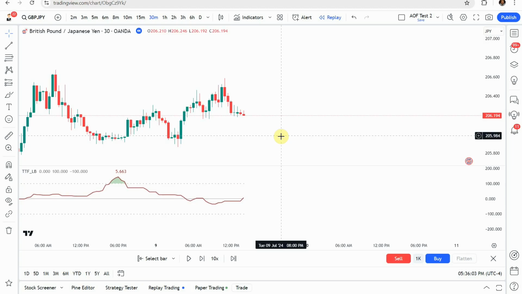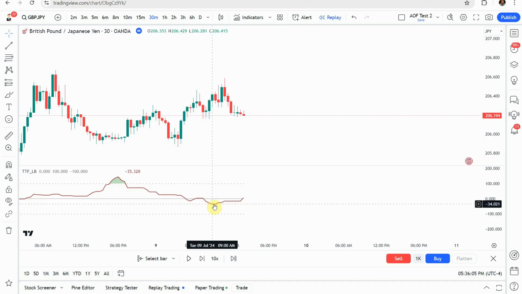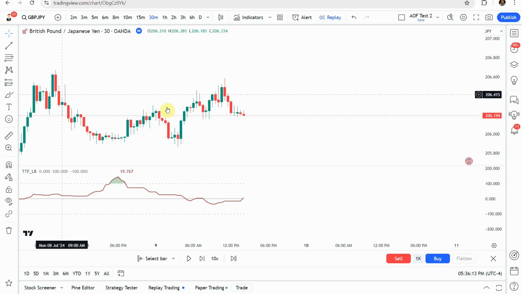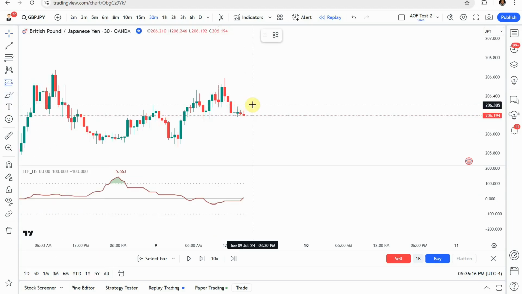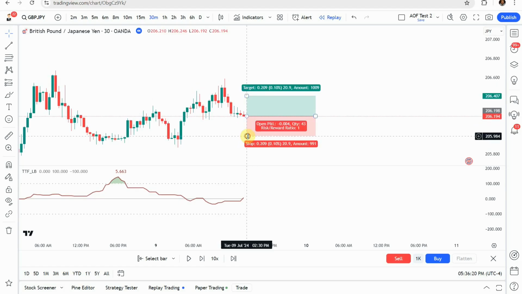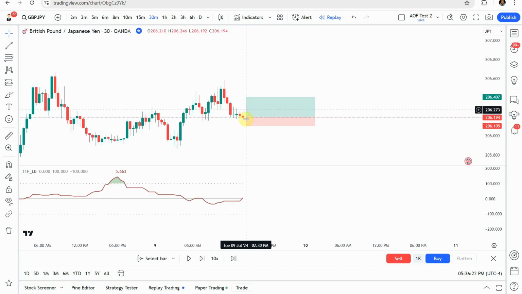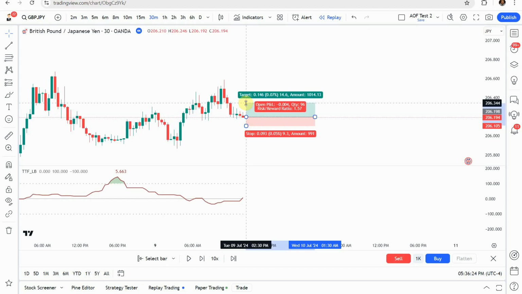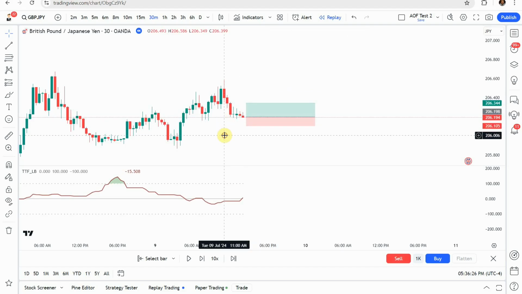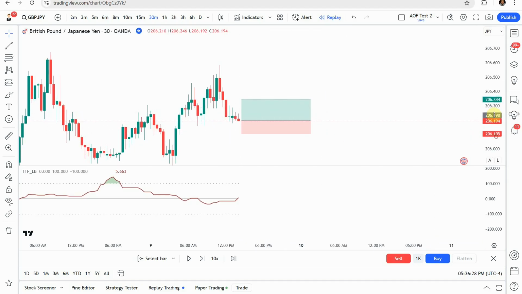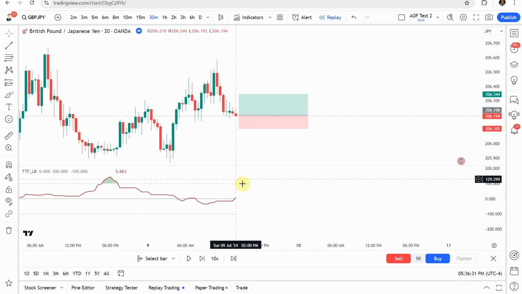For example, for a long trade, you would look for the line to break that 0 line to the upside, like it does right here. That would be your signal to enter into a long. So you would put your trade right here, put the stop right about here, and target a 1 to 1.5 risk reward. Pretty small, right about there. Let's go ahead and play this forward and see how it would play out.